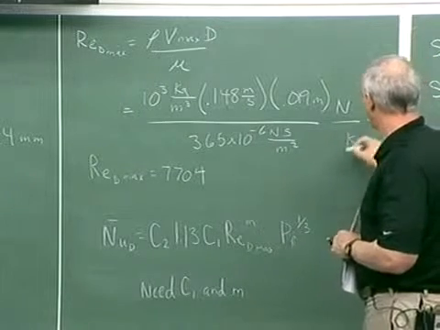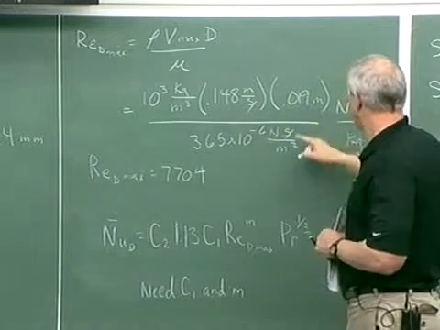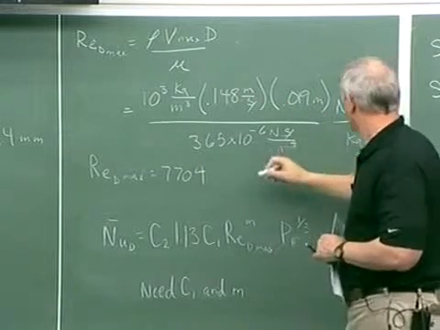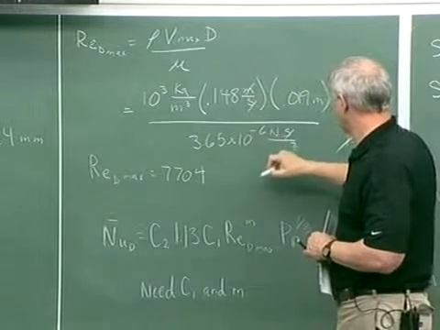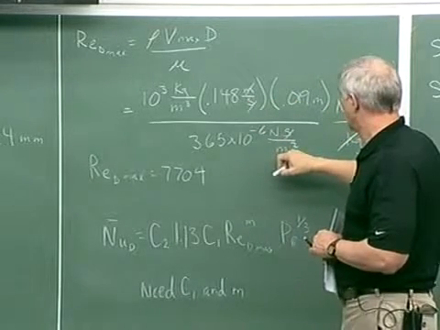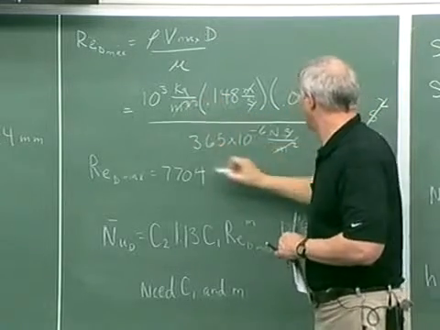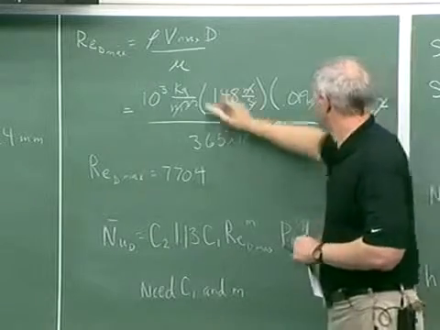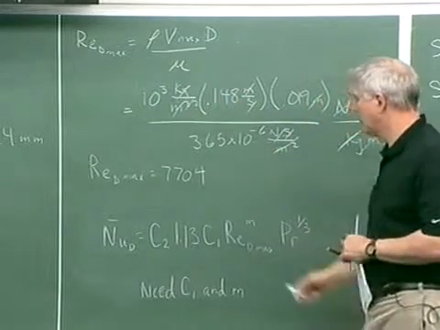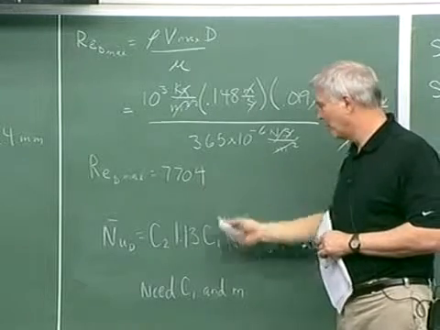Okay, so the second squareds cancel out, kilograms cancel out. That meter will cancel out that meter. And then we have meters, that will turn into a squared. The Newton cancels that. So we end up with a dimensionless number, and Re_D,max ends up being 7704.